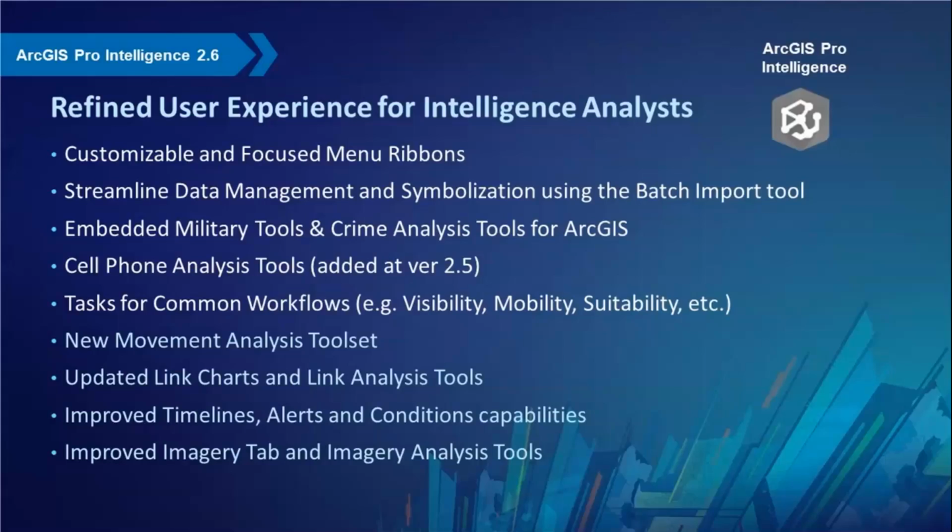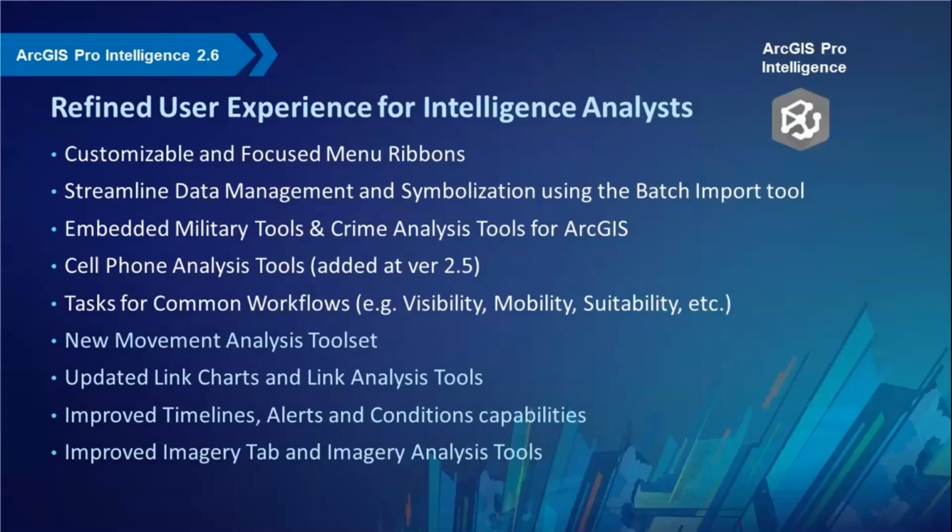And then if you open the View tab, you see these common tasks for intelligence workflow, some of them like a drop zone or helicopter landing zone, slope analysis. You get these visibility and mobility analysis tasks like blind spot analysis or off-road mobility analysis workflow. You get one for battle damage assessment. There's one for predictive suitability analysis.